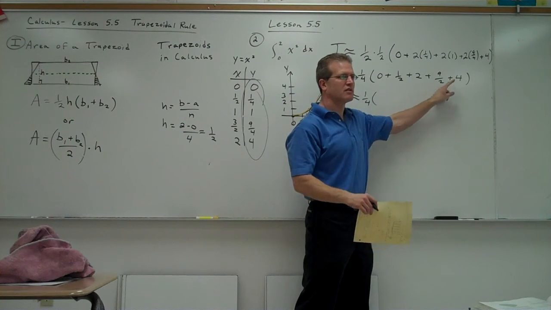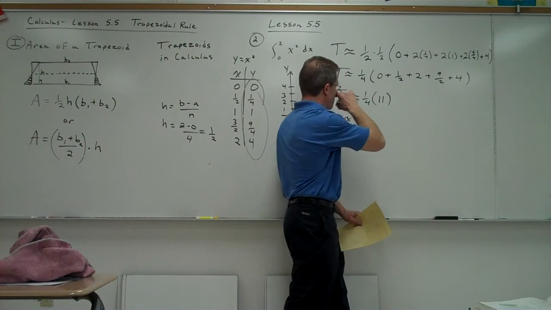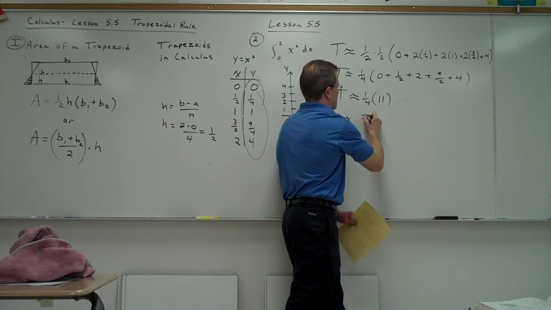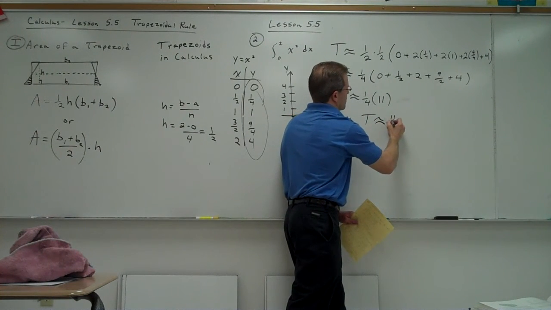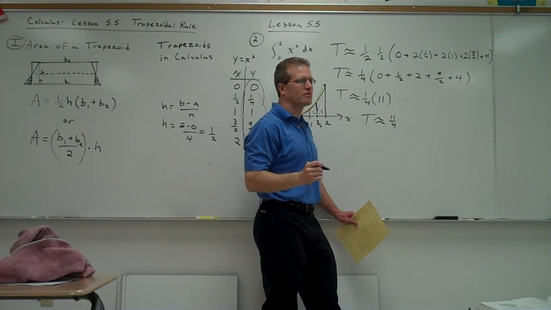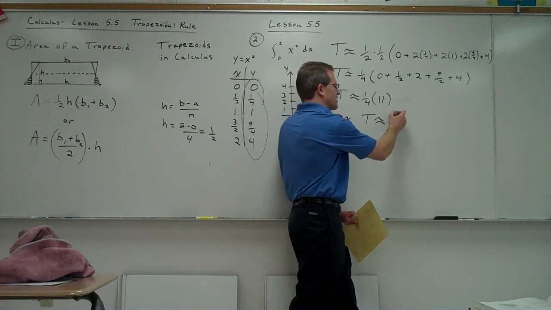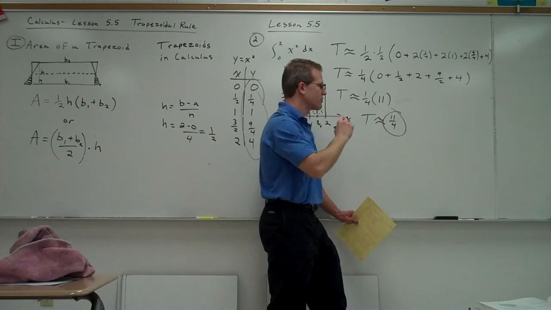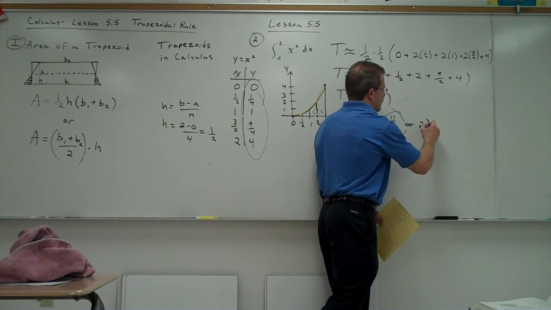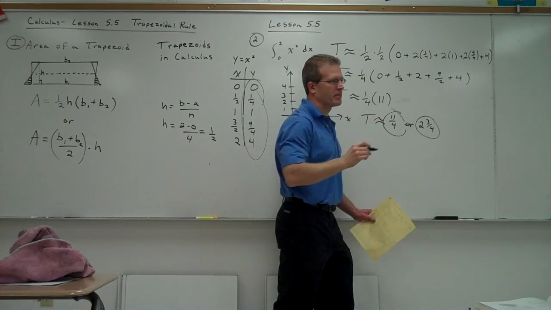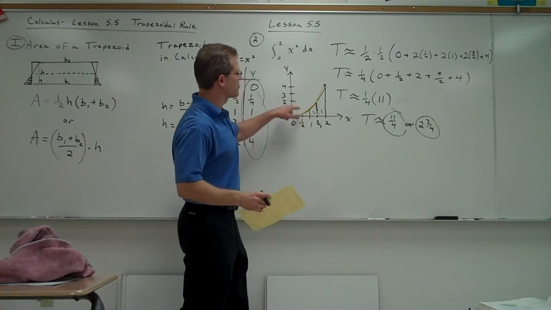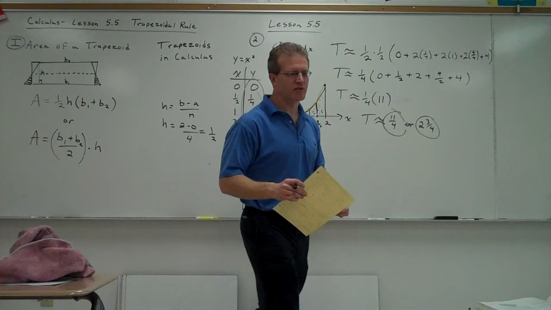Plus 4 is 11. So 1/4 times 11 is 11/4. If I write that as a mixed number, this answer is fine, but that is also 2 3/4, or 2.75. Okay? So that's the approximate answer. That's the approximate area under the curve, the approximate value of the integral from 0 to 2.